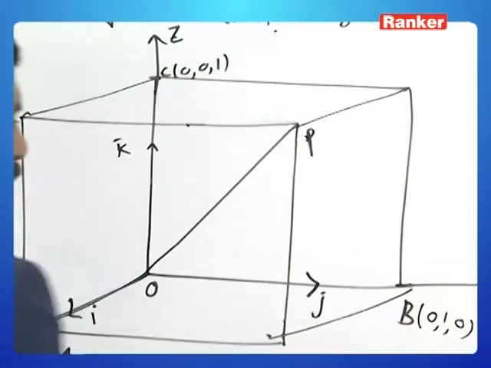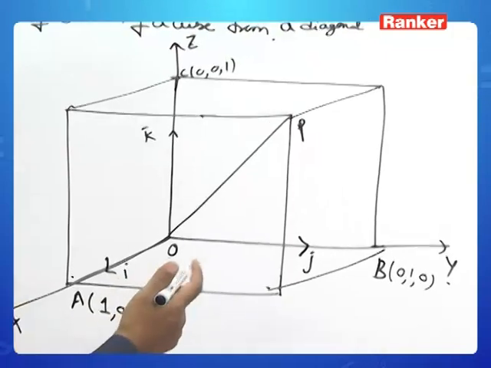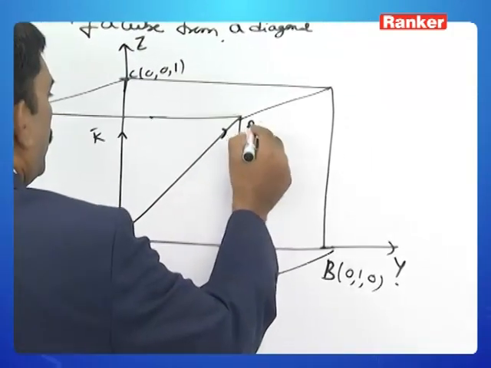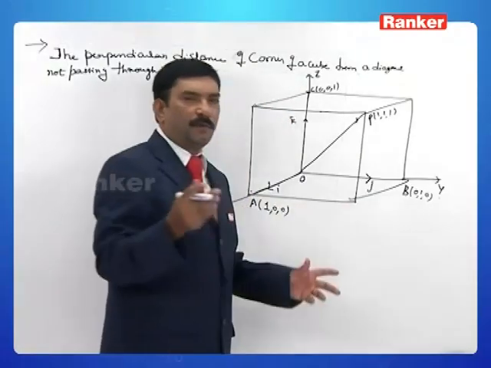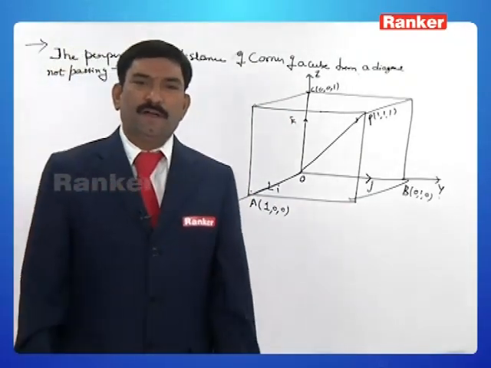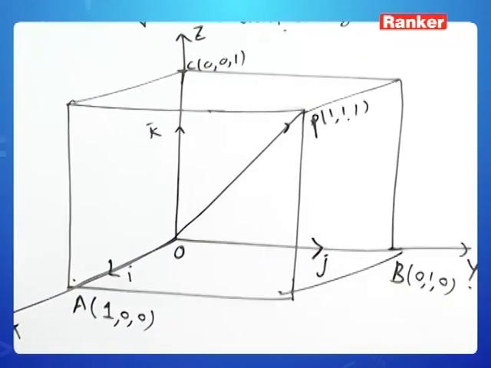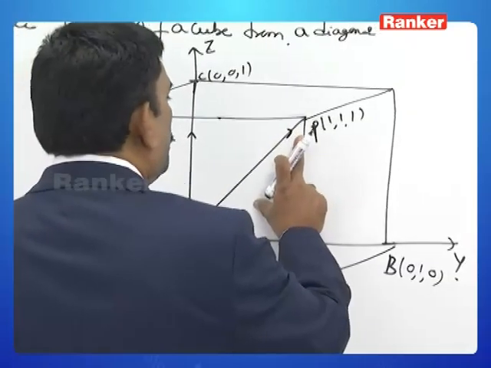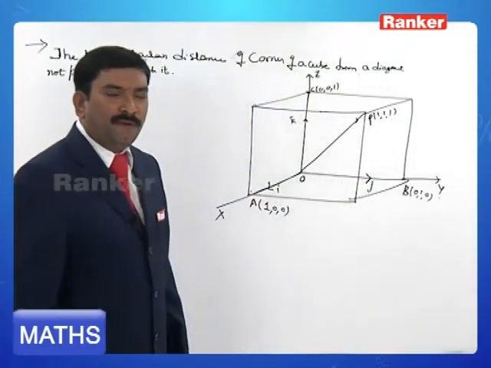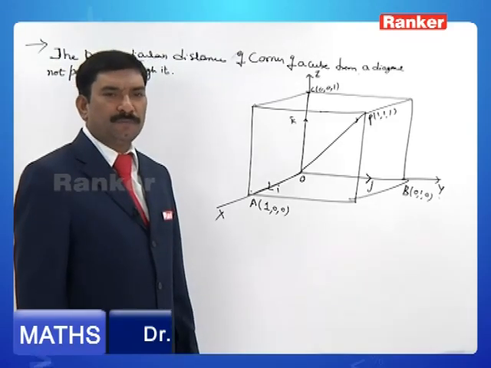So by definition, as you already know, P is a point in space. Therefore OP bar is I plus J plus K, meaning the coordinates of P are 1, 1, 1. Followed? Now, this is the diagonal of the cube, and for this diagonal I am supposed to find the distance.